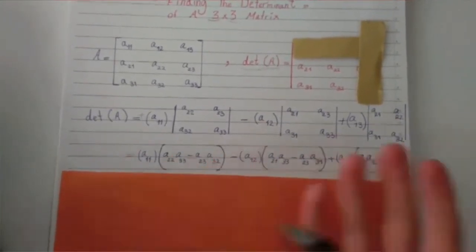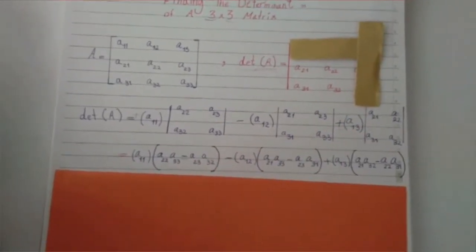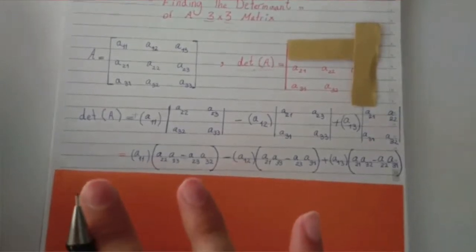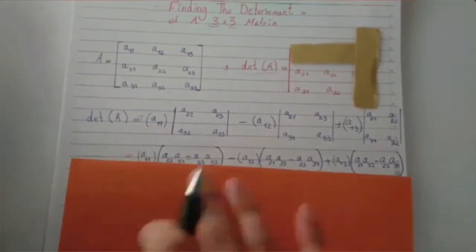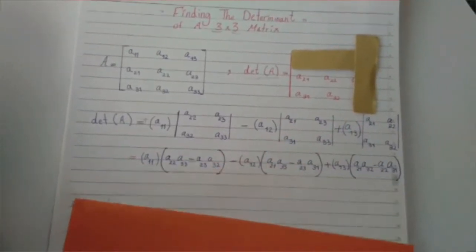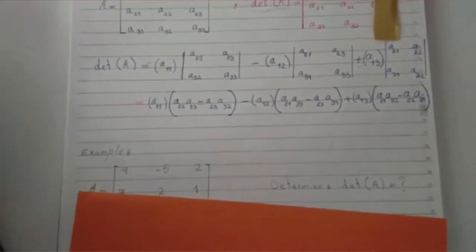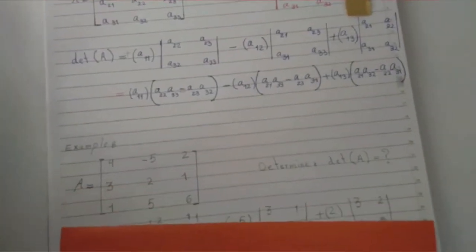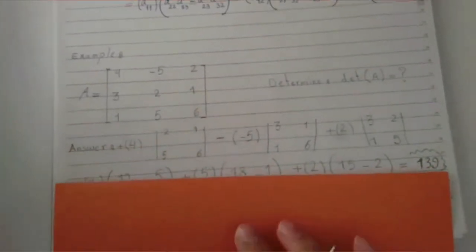And as you are seeing here, this is the basic form of finding the determinant of a 3x3 matrix. Now by looking at the example, everything will be much clearer, and I hope you understand what I mean.